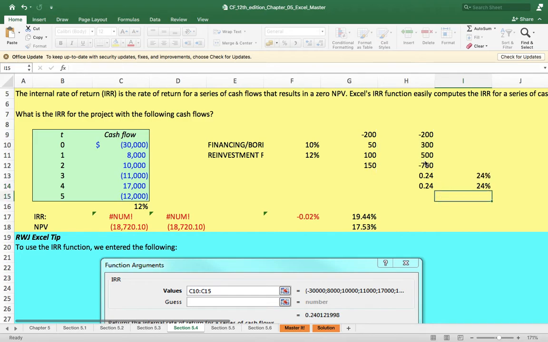Now, it's coming the same, but something is stopping this.